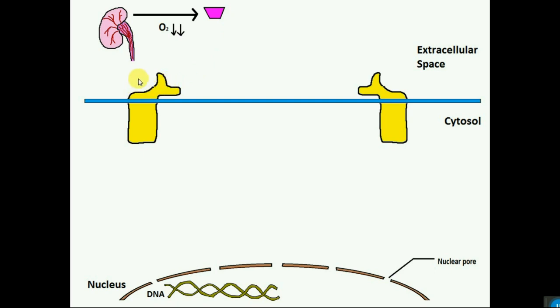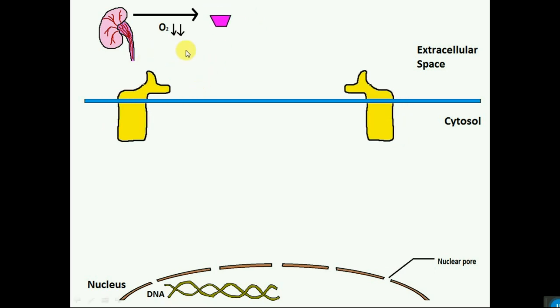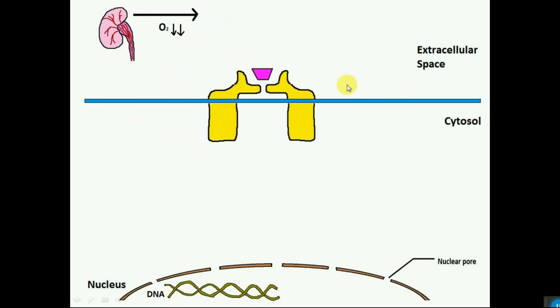and after binding to the erythropoietin or EPO, the EPOR gets dimerized. These are the JAK2 proteins.